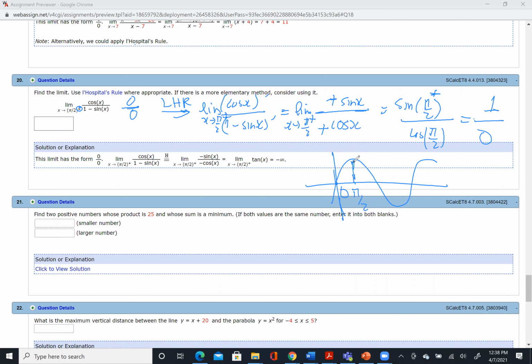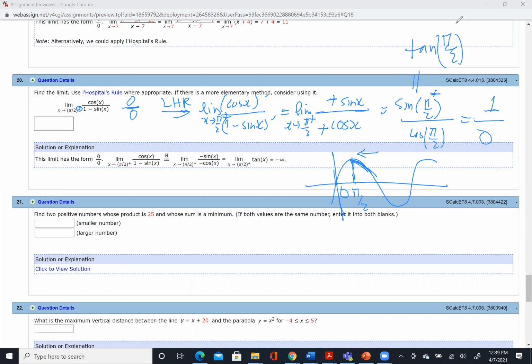After pi over 2, what happens? Maybe we should look at the tangent graph, because sine over cosine becomes tangent. Oh right, so I can change it to tangent of x. That's better.